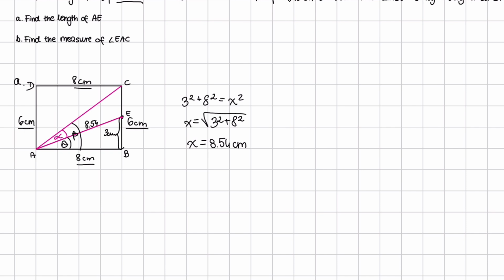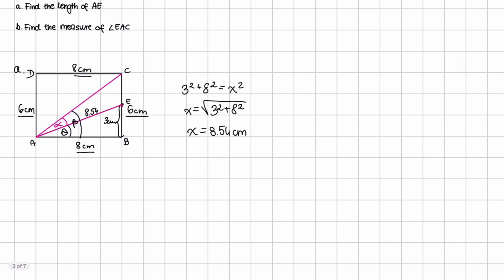Because these triangles are right angled. This pink triangle doesn't have a right angle, so it's a little bit difficult. So firstly, let's focus on this ABC triangle.